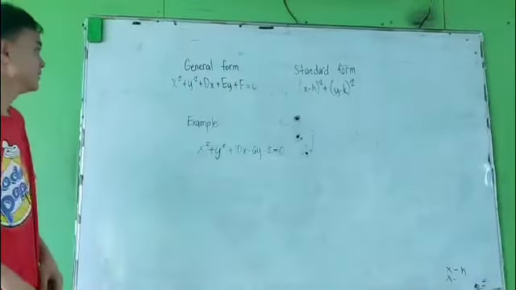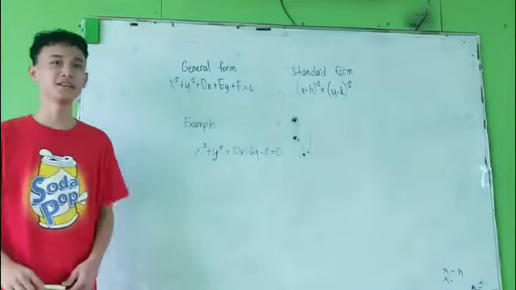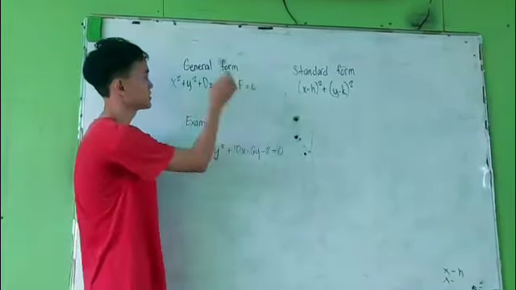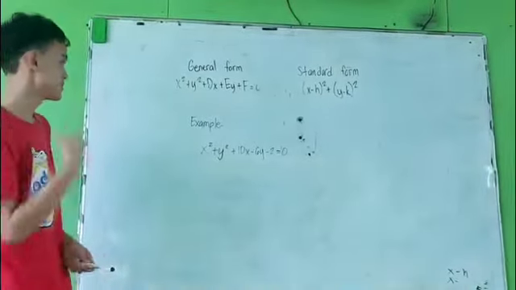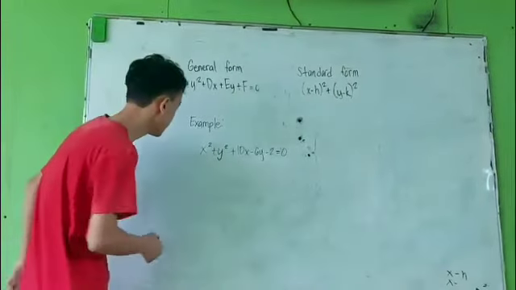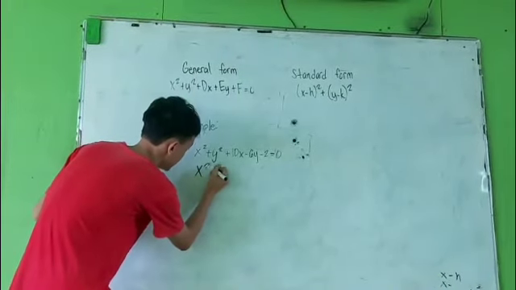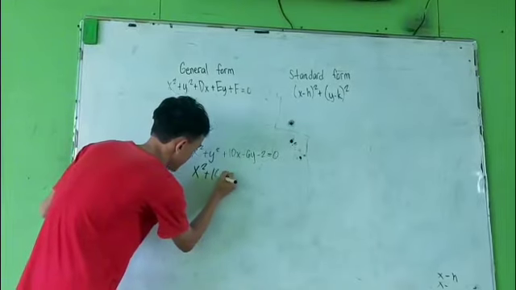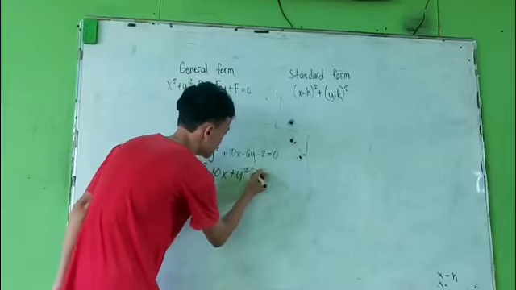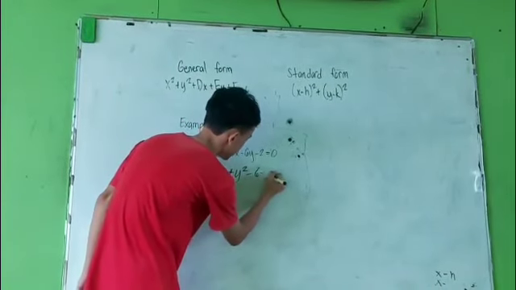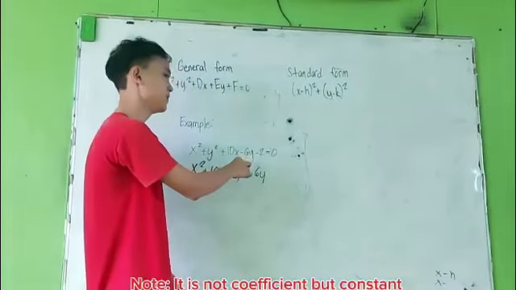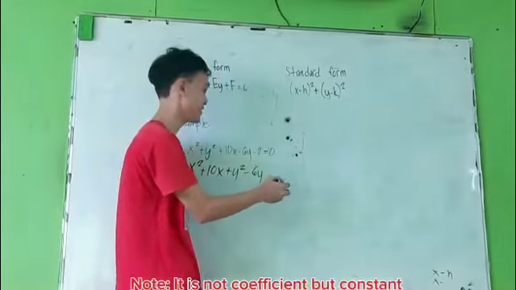So, in order to get the center and the radius, we must transform this equation into its standard form. The first thing we need to do is arrange the equation. So, we have here x squared plus 10x plus y squared minus 6y, and the constant you need to transpose to the right side.